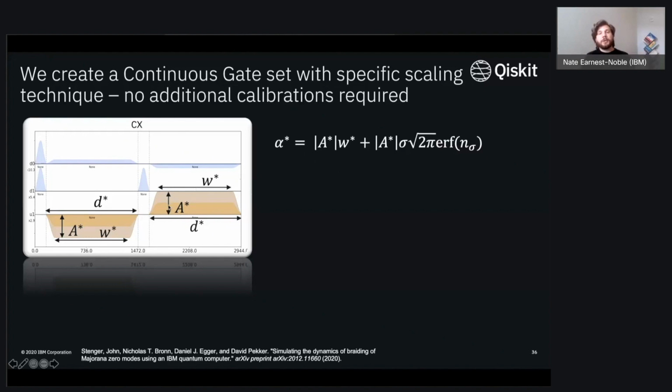Now, in order to create a continuous gate set, what you want to do is take the total area under here and scale it. This is something that natively happens when you're calibrating your gates, in the sense that you are going to take the duration of your pulse and sweep it, and you're going to take the amplitude of your pulse and sweep it.